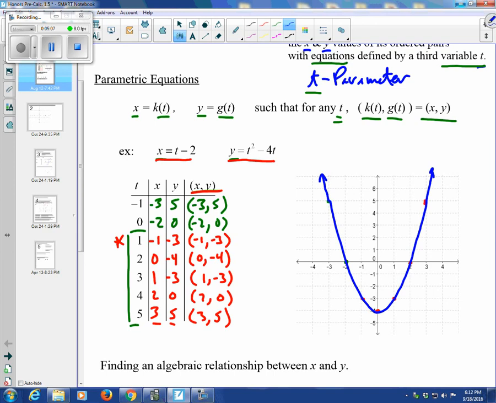If we were given a set of parametric equations that gave us, say, a circle, we wouldn't want to continue to define ordered pairs around and around the circle. We would generally give a parameter for t.